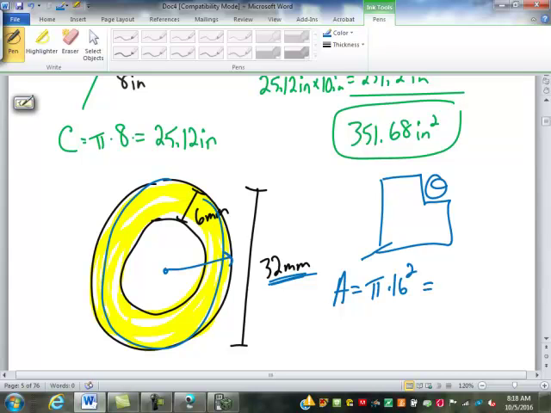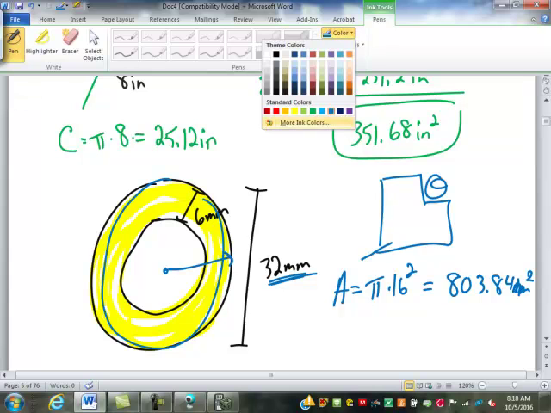So pi times 16 squared is going to be what? 803.84 works for me. That's millimeters squared.